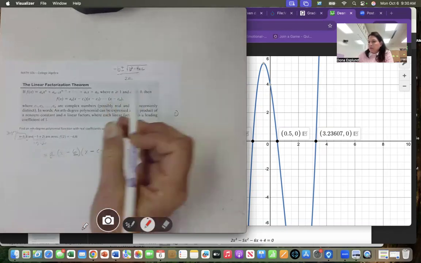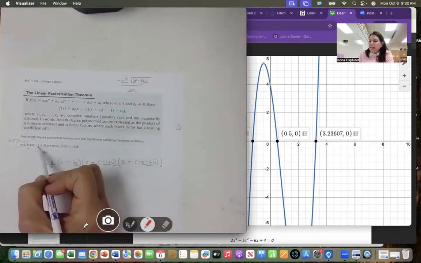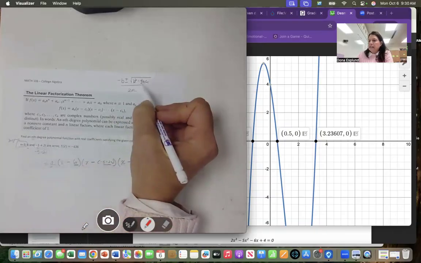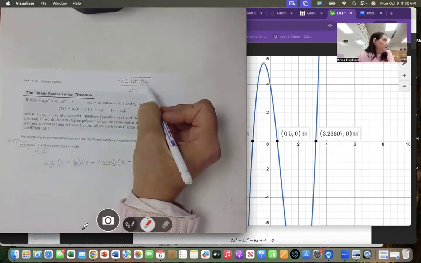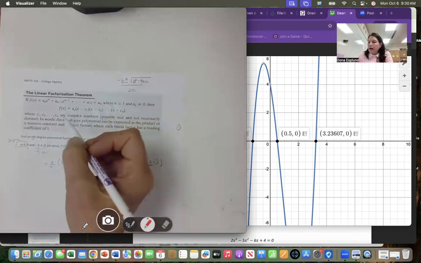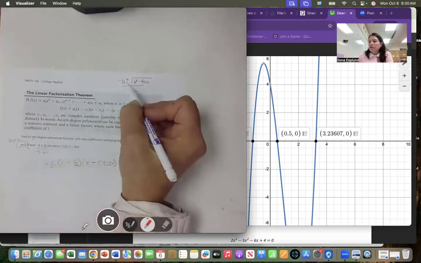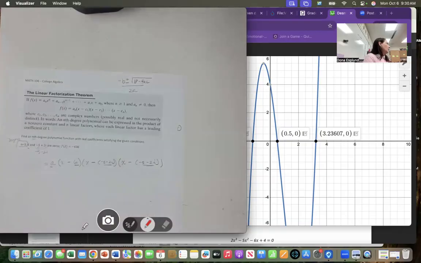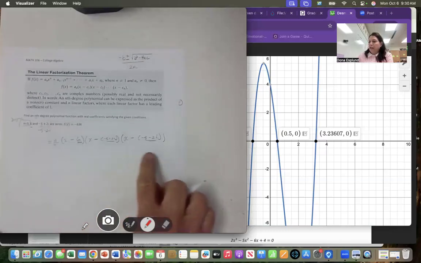Because they have an i here, I know that right inside here, this was at some point 0 or a negative number, because they gave me a result of i. And if I have a positive 2i, I also know that I'm going to have a minus 2i. So if you're given one, you will automatically know there's another one because of what we know about the quadratic formula. Did that help? Okay, so that's how I came up with the 3.